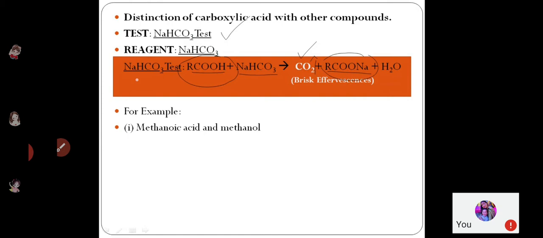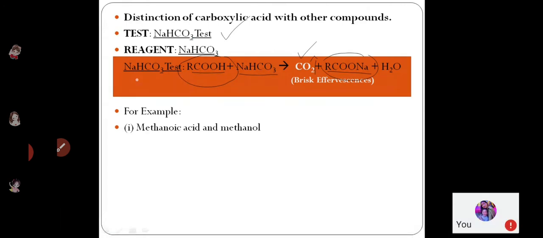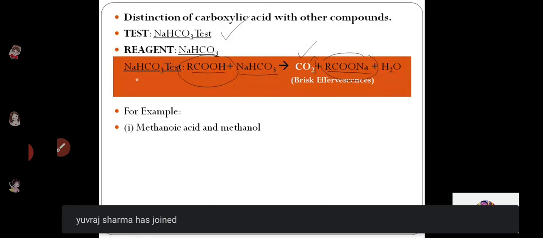The main observation is brisk effervescence because of evolution of carbon dioxide. This is what you need to write. Write the reaction and carbon dioxide; even if you forget to write water, no problem, but you must write carbon dioxide. At the same time, write brisk effervescence.